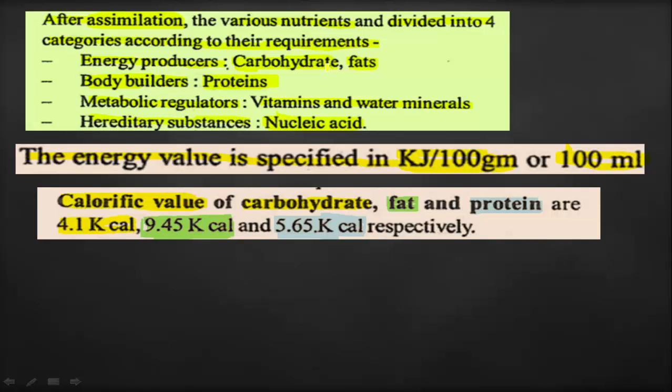For the fat, it is 9.45 kilocalories, and for the proteins, it is 5.65 kilocalories. The highest caloric value is obtained with the digestion of fat molecules. So this is about the caloric value of different energy compounds that we consume through the regular diet.